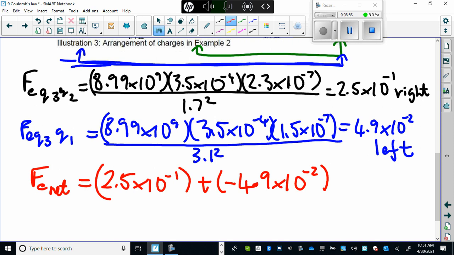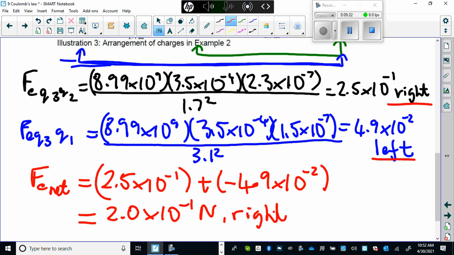So one must be positive, one must be negative, because one is to the right and one is to the left. So that's where the negatives actually are very important. And if you add those two together, you will end up with 2.0 times 10 to the exponent negative 1 newtons. And since it's positive, and we designated right as being positive, then it is to the right.